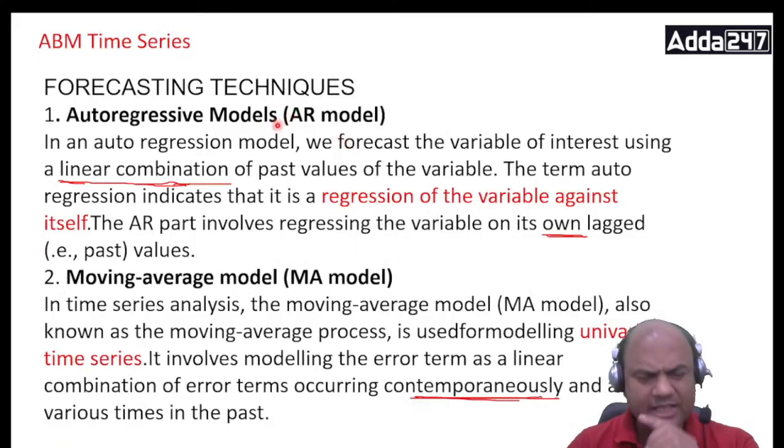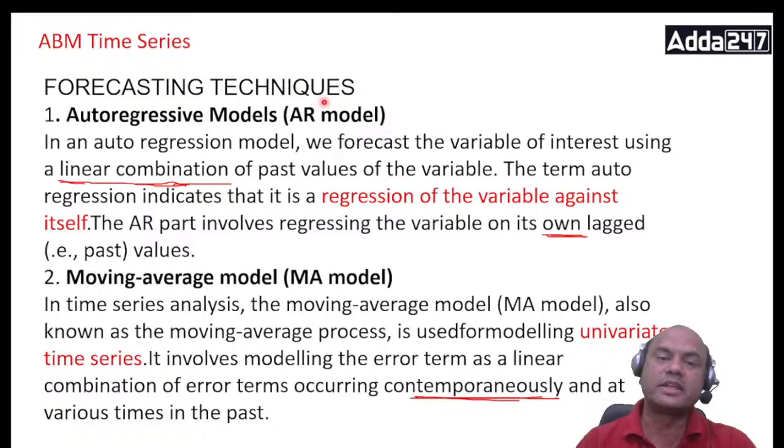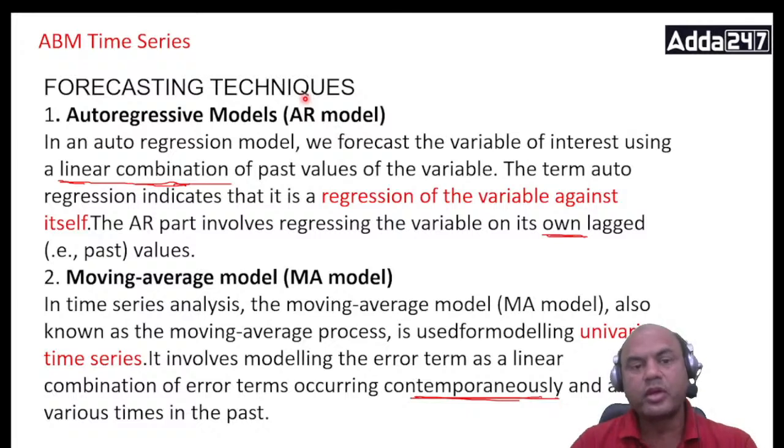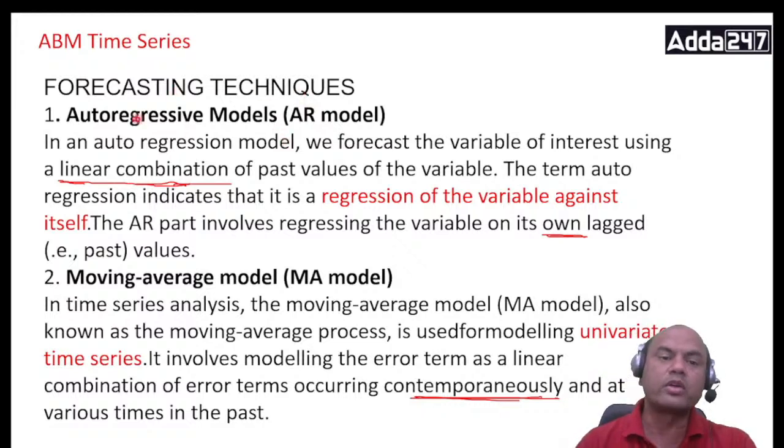Now some theory, last part of this topic, theory, forecasting technique. Now forecasting technique, there are three methods, not two. Auto-regressive, then moving average, and last one is ARMA, combination. So what is auto-regressive? In auto-regressive model, we forecast the variable of interest using linear combination of the past values of the variable. Look at this, linear combination, okay?